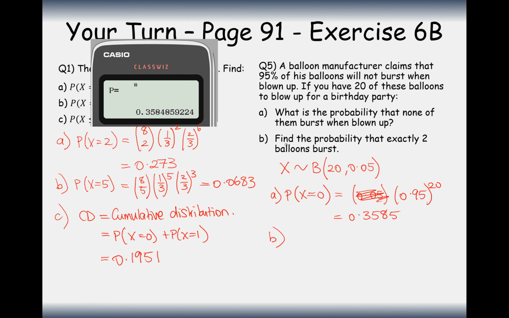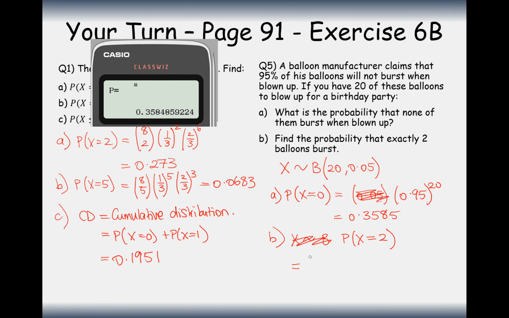Okay. Part B, find the probability that exactly 2 balloons burst. We don't need to write out our probability distribution again because we use the same one. We'll use the probability of x equals 2, so 2 balloons burst.